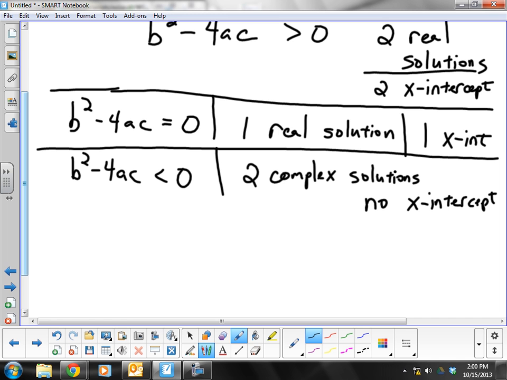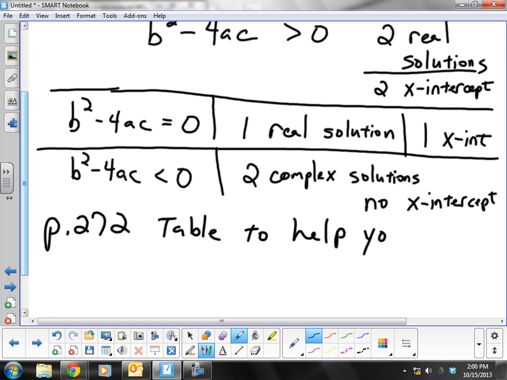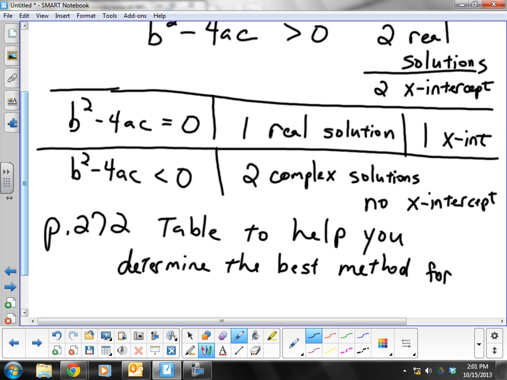On page 272 is a table to help you determine the best method for solving the quadratic equation.